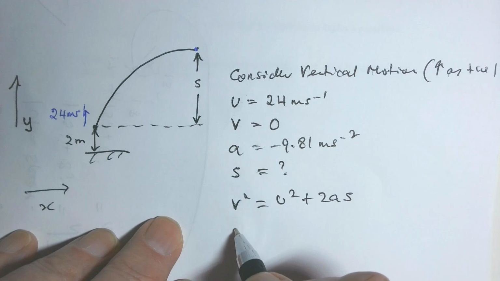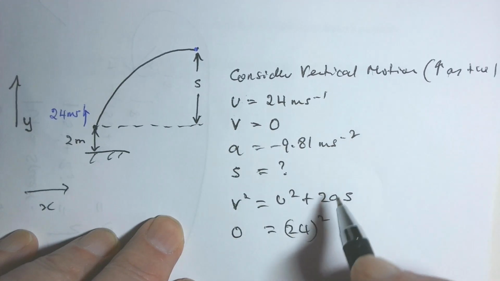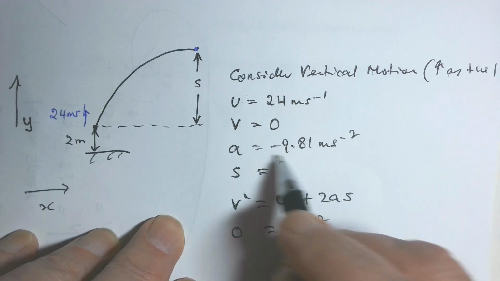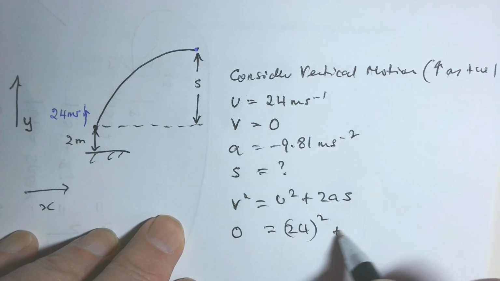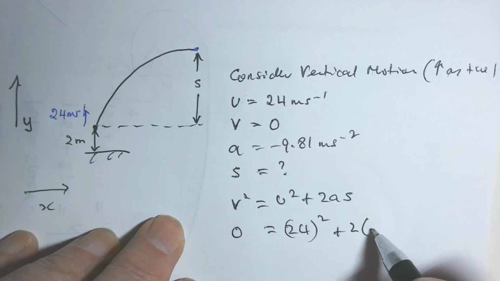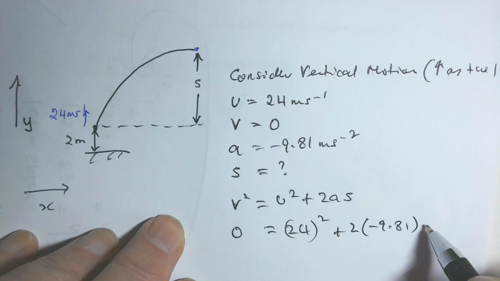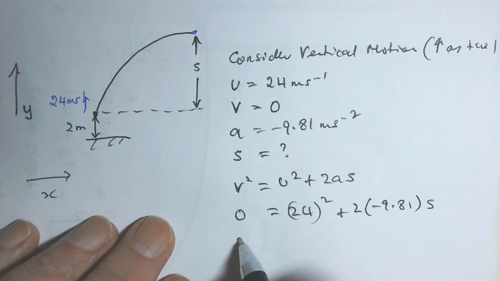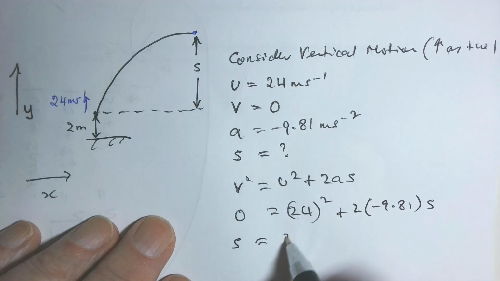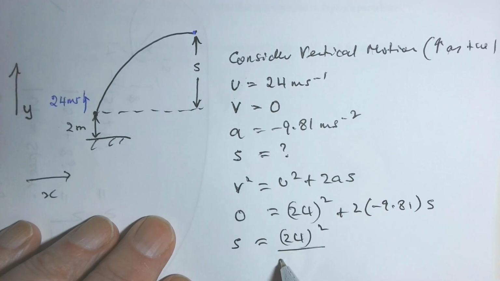So v squared is 0, u squared is 24 squared, and then because a is negative, we're going to have plus 2 times minus 9.81 times s, and therefore s is going to be equal to 24 squared divided by 2 times 9.81.